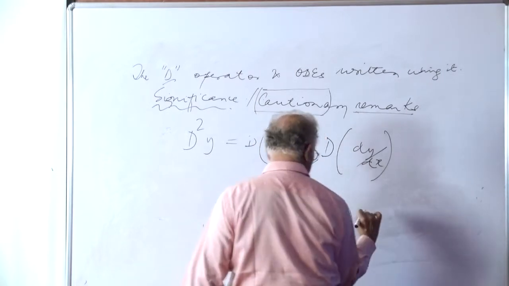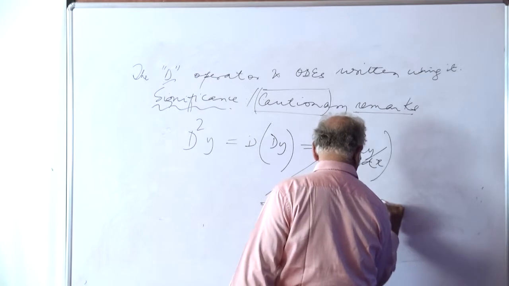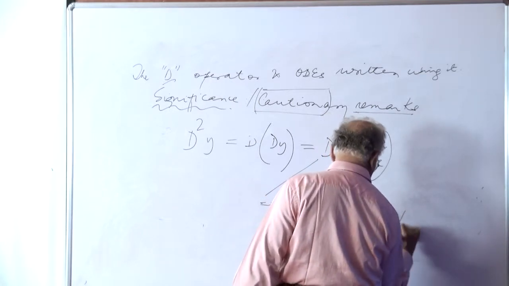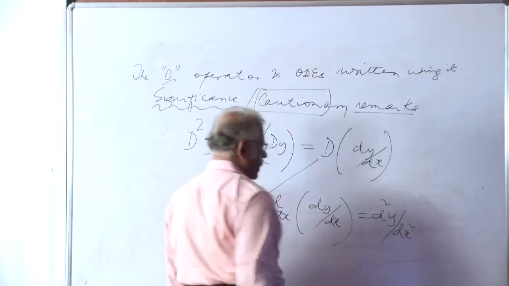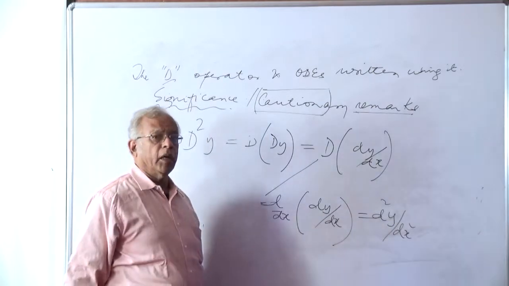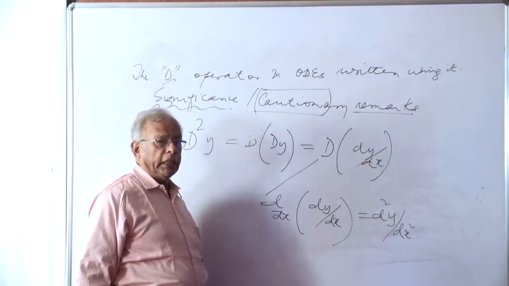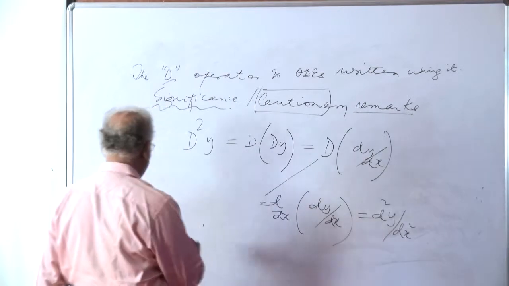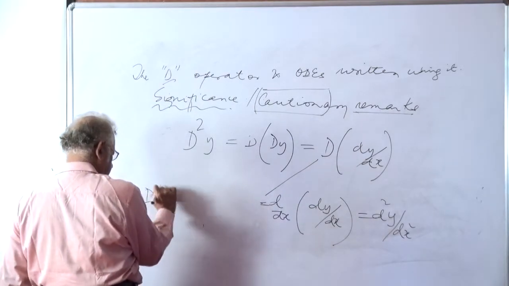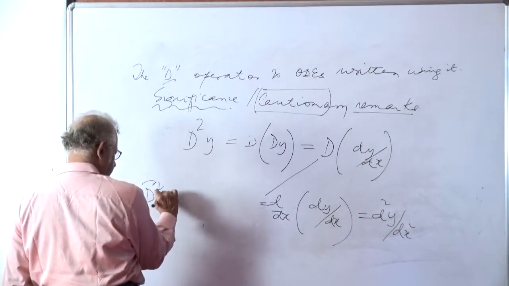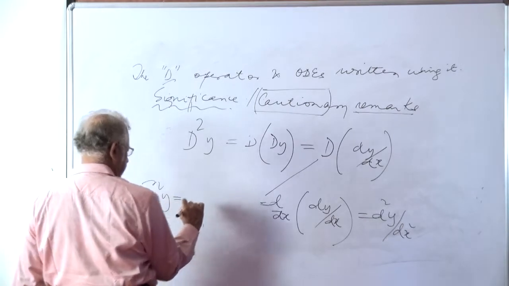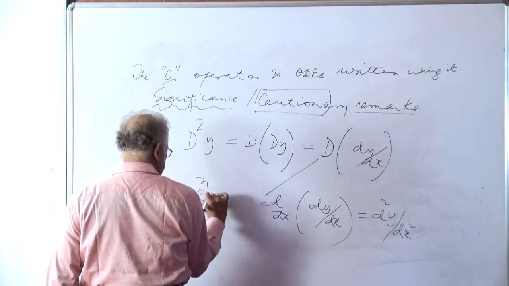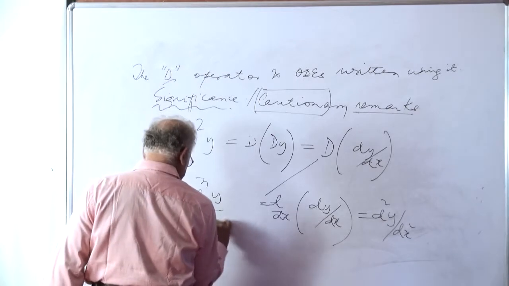That takes us to d2y/dx2. Similarly for higher powers of D. So in other words, if we write D superscript n y, it stands for nothing but dny/dxn.